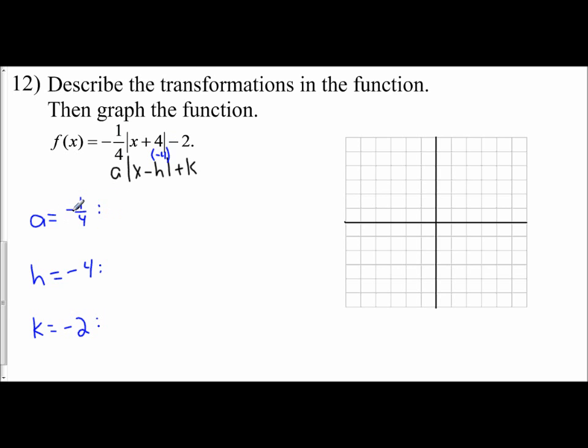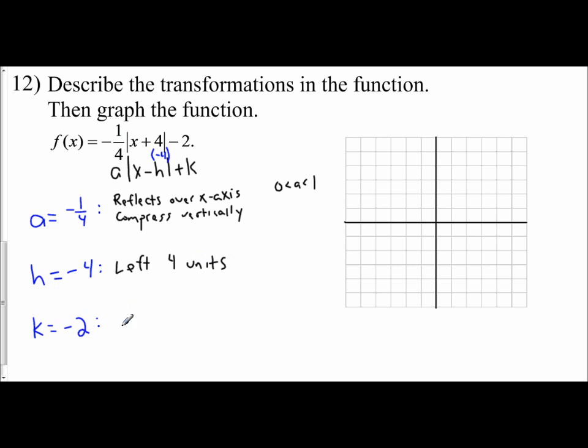So again, we deal with describing the transformation. Since a is negative, we say it reflects over the x-axis. The size of a is between 0 and 1, so that means it's going to compress vertically. h is negative, so your negative numbers are towards the left on the x-axis, so go left 4 units.